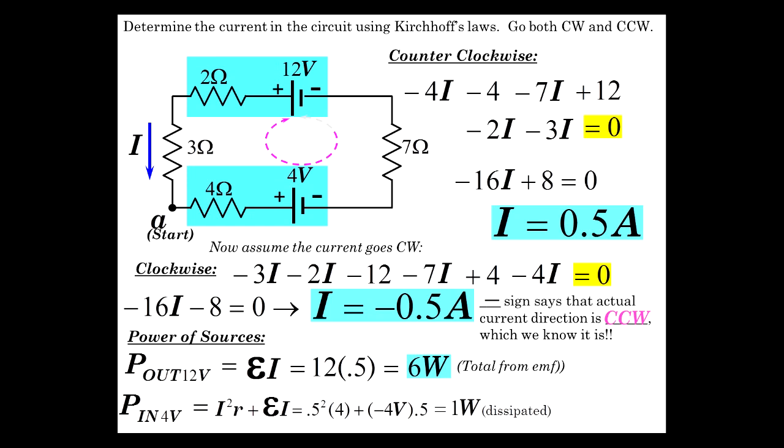It's a dissipated power, producing heat, and then 2 watts across the 4-volt EMF, but that 2 watts is negative, because it's kind of like potential energy. This electrical energy is being converted into chemical potential energy. So that's kind of consistent with the charge doing positive work and the battery increasing in potential energy.